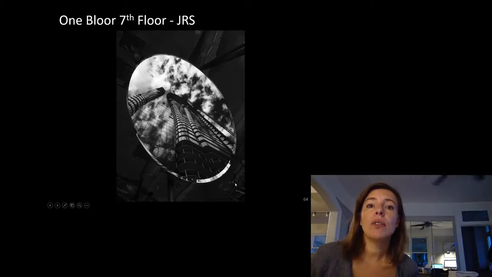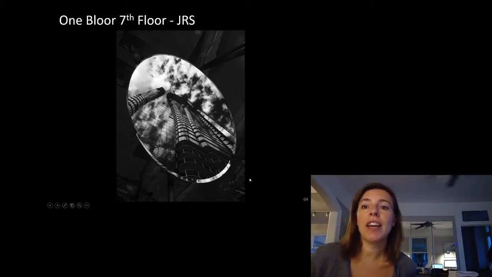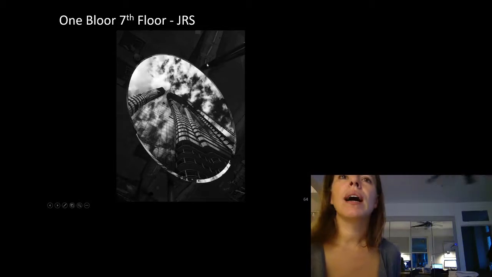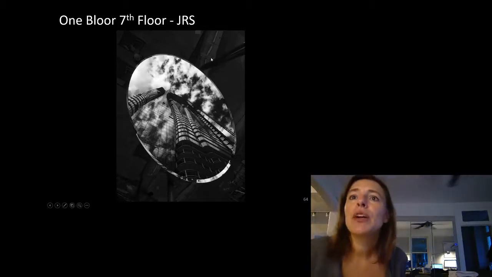This is the ground below. That is how polished and shiny this building is, that this is the reflection of the ground below. The person who took this picture got themselves perfectly in the middle. In fact, you can see the detail at the base of the column right there.